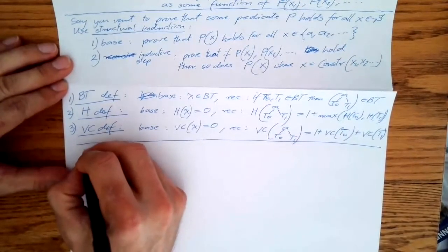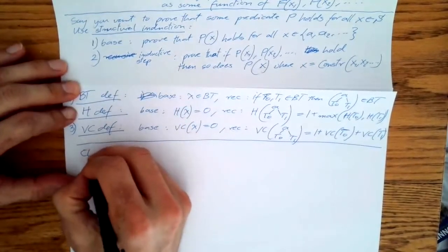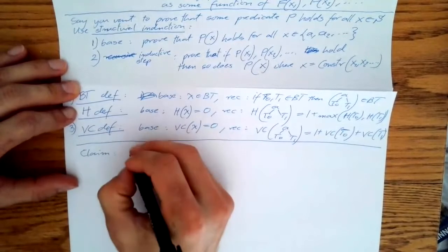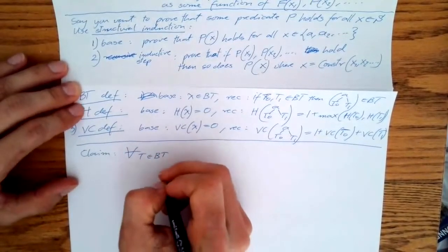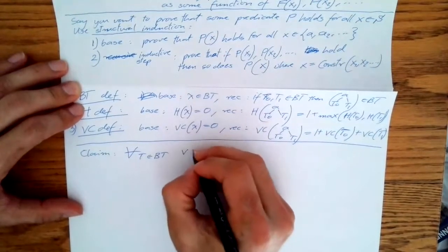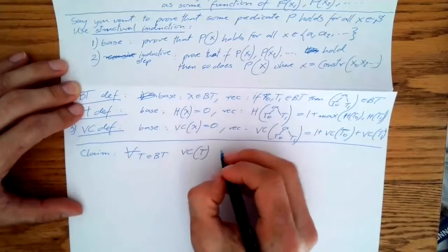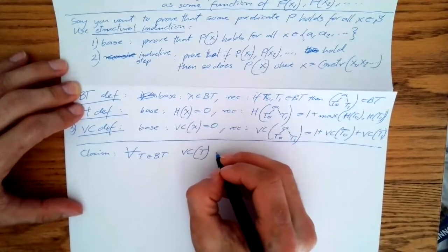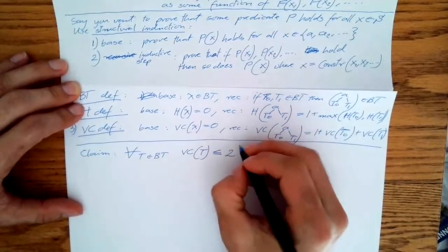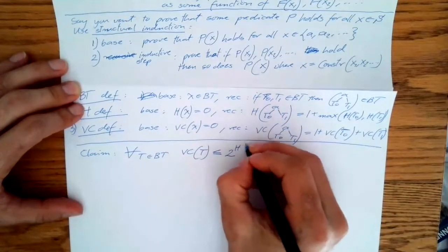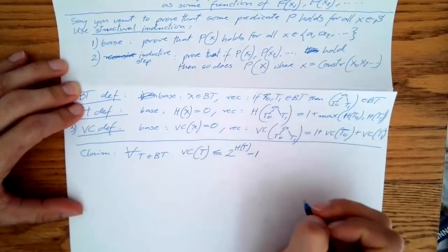Now I want to show a proof of the following claim. For all binary trees, I want to claim that the vertex count on a tree T is at most 2 to the height of the tree minus 1.